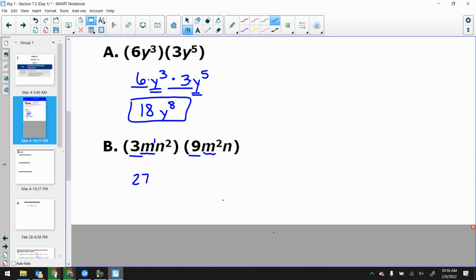Oh, I just said it. M to the first times m to the second is m to the third. I add exponents together. Be careful about that. Don't forget that there's an m to the first there. Same thing here with my n's, actually. N to the second, n to the first makes a full n to the third.